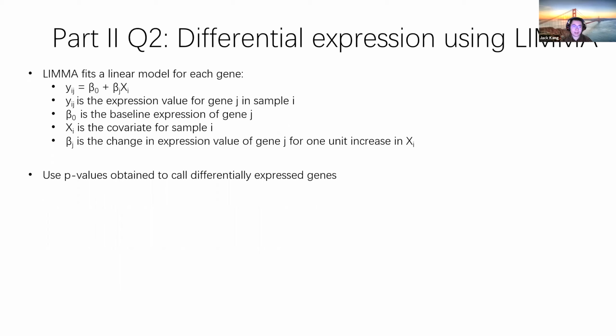And you use p-values of beta J to call differentially expressed genes. And of course, since we are fitting this model for a bunch of genes, maybe tens of thousands of genes, multiple testing correction will be needed.